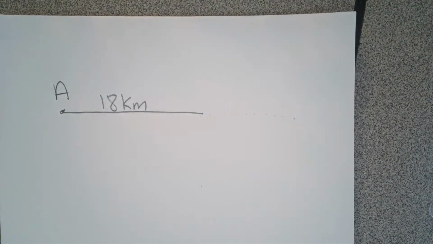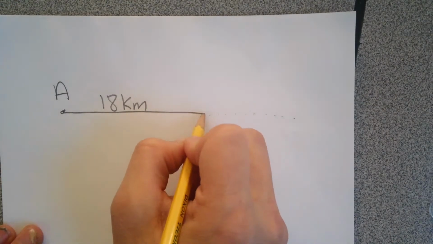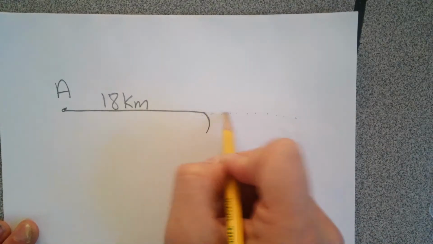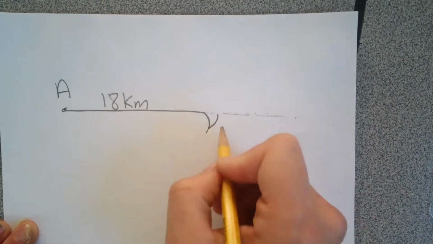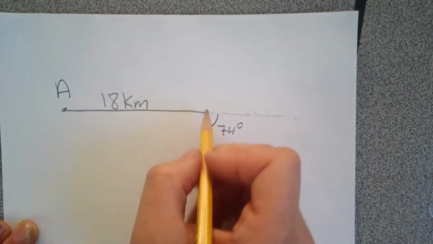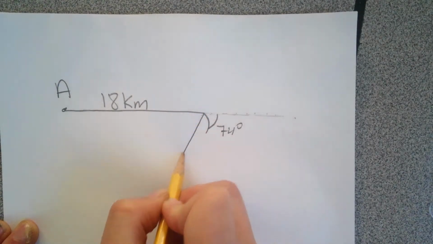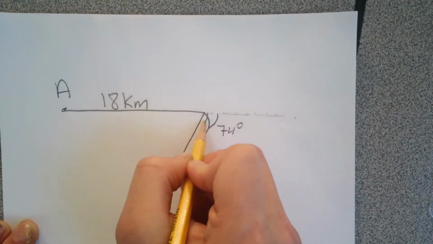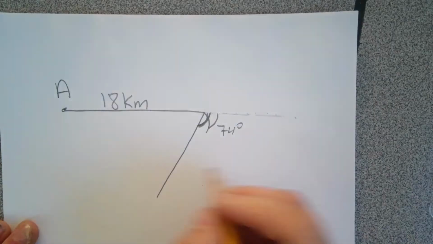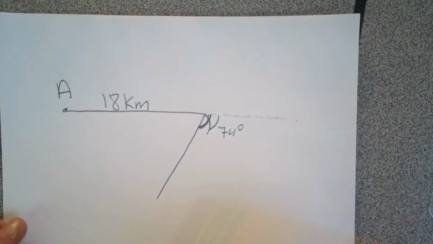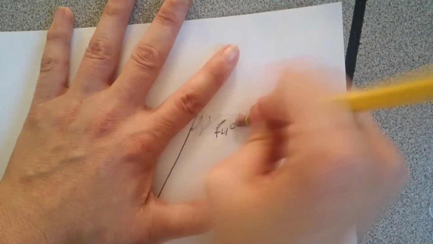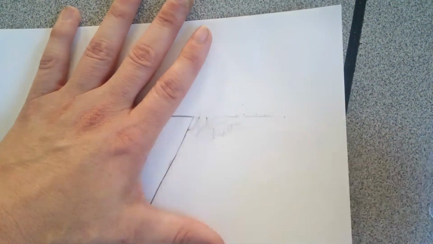My angle is right here. That is 74 degrees, right? From this horizontal, I turned 74 degrees, and started going this direction. So this angle, maybe not by my drawing, but this angle is 74 degrees. Isn't that a lot more than the 90 one? Yeah, let me fix it. Ooh, I broke my eraser.